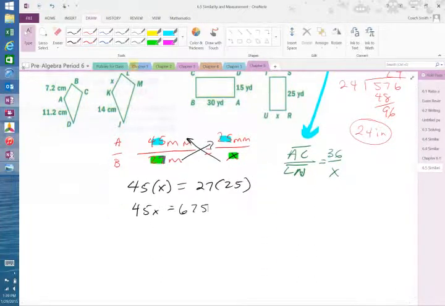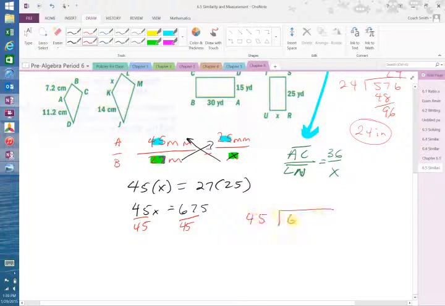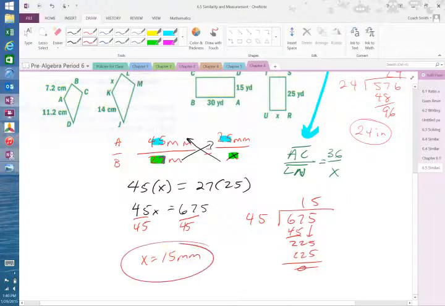Now, to solve it, simple. Divide by 45 on both sides. So you've got 45 into 675. 45 goes into that once. 45, remainder 22. Bring down my 5. 45 into 225 goes 5 times. So X is equal to 15 millimeters. And that's how we find the missing side.